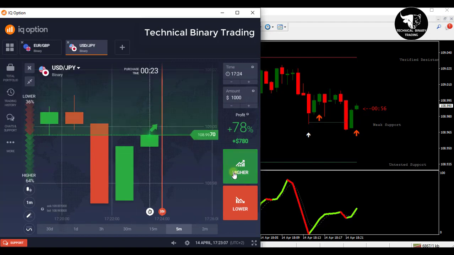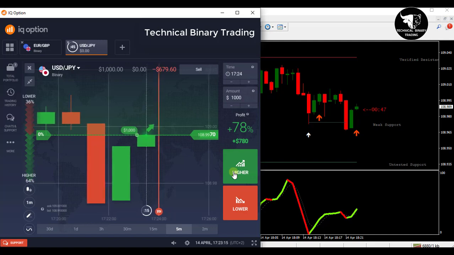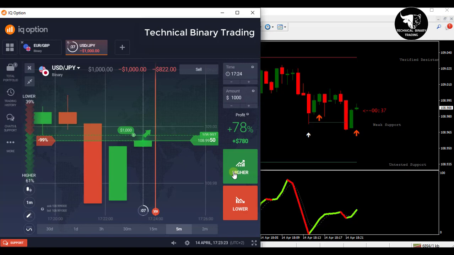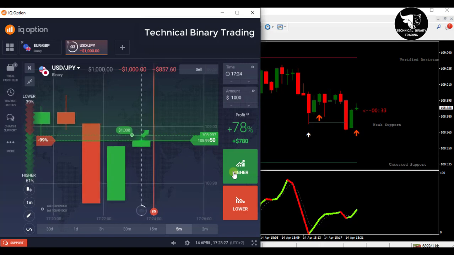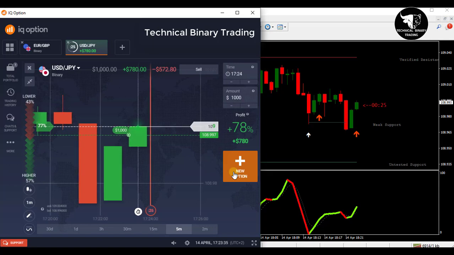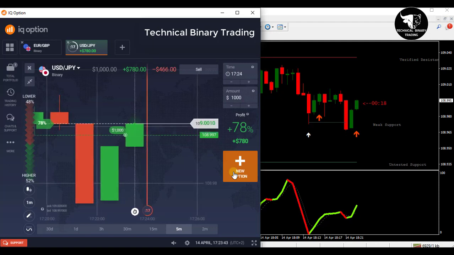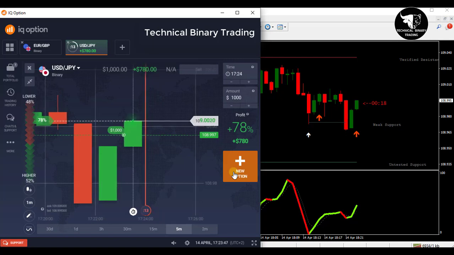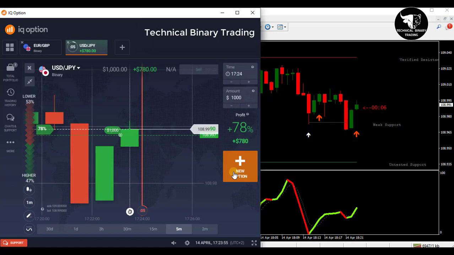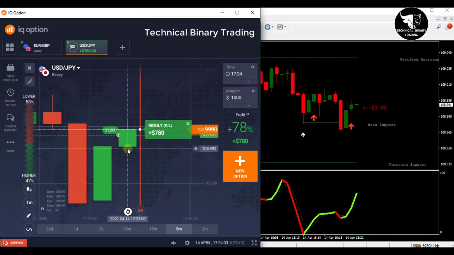And an arrow has appeared, so I will take another trade against the signal. Here is the second win against the signal.